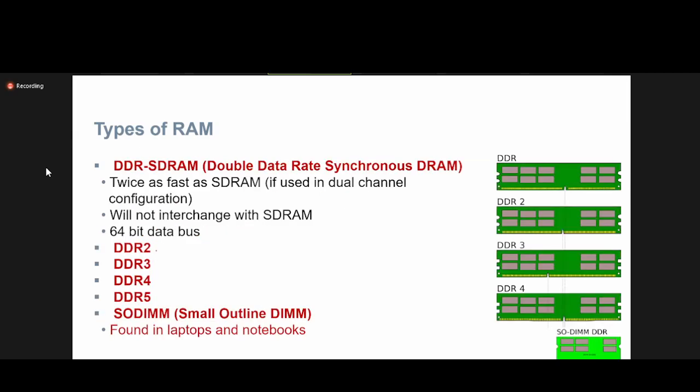The data bus size for SDRAM is 64-bit. And the types of RAMs we talked about earlier: DDR, double data rate, DDR2, DDR3, and DDR5 is also available. In laptops, we use the SODIMM kind of DDR.